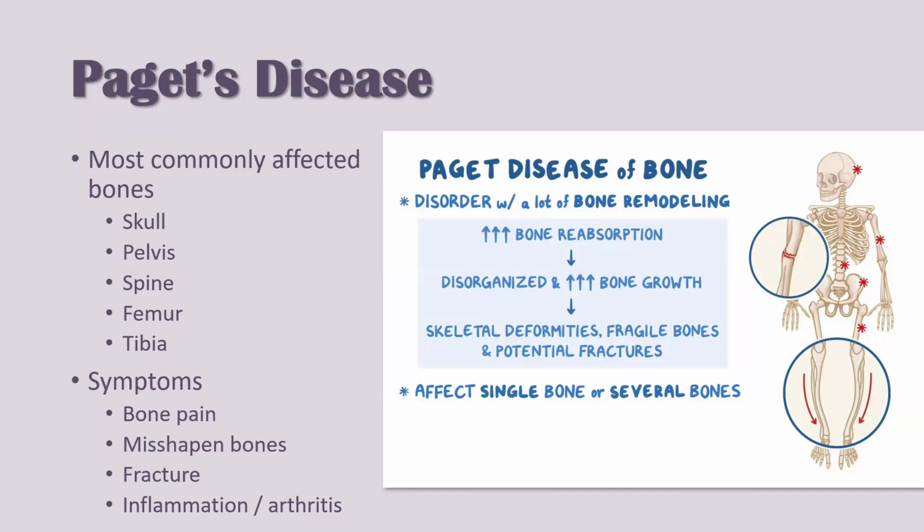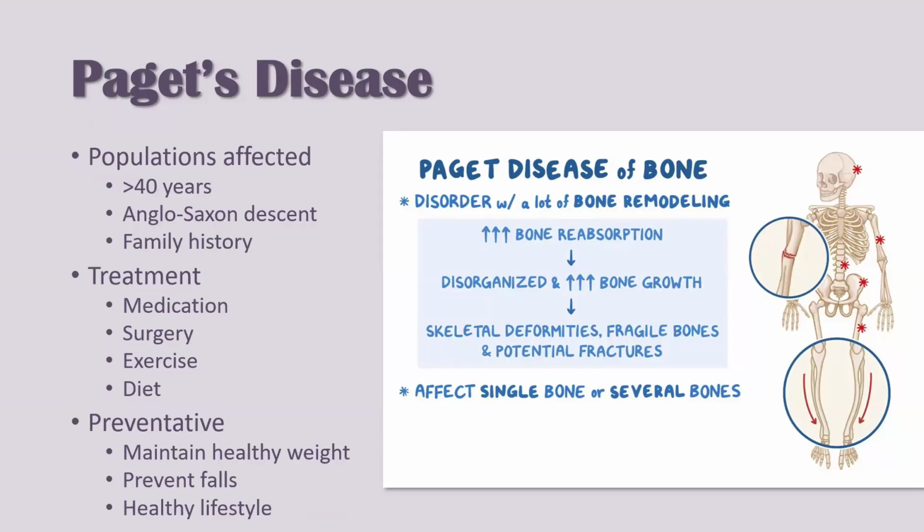Due to this, individuals with Paget's may suffer from chronic pain, increased risk of fracture, inflammation, or arthritis around the misshapen joints. In some cases, the inner bones of the ear can be affected, resulting in hearing loss, and abnormalities of the skull can cause chronic headaches.